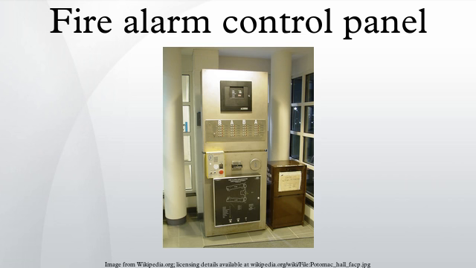Signaling line circuits. Addressable fire alarm control panels employ one or more signaling line circuits, usually referred to as loops or SLC loops, ranging between 1 and 30. Depending on the protocol used, a signaling line circuit can monitor and control several hundred devices.